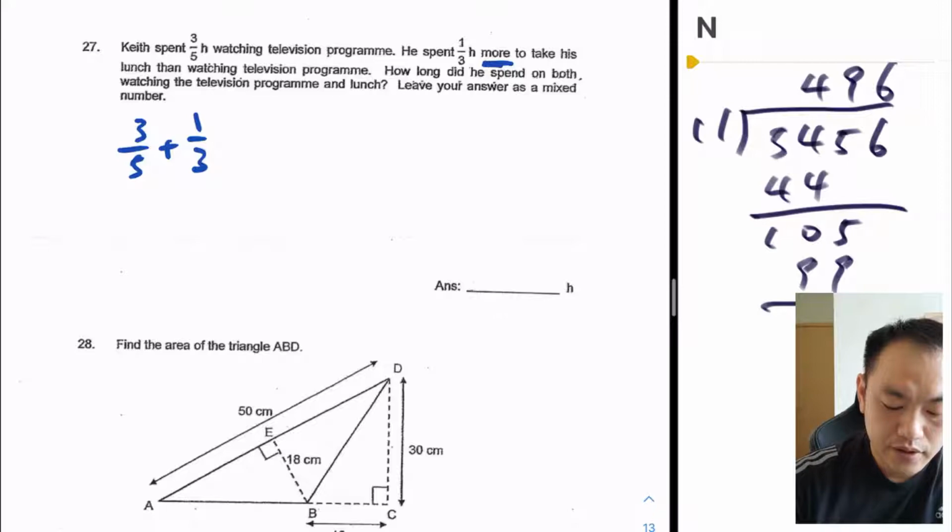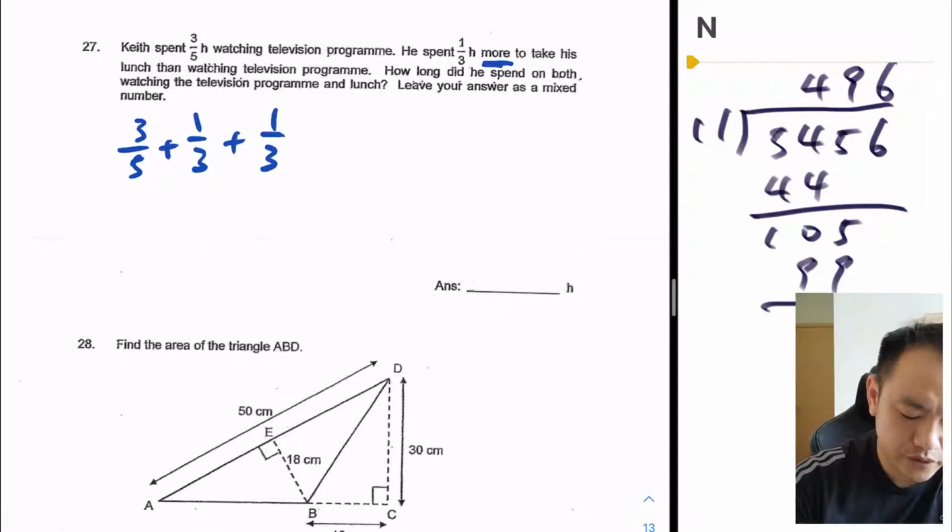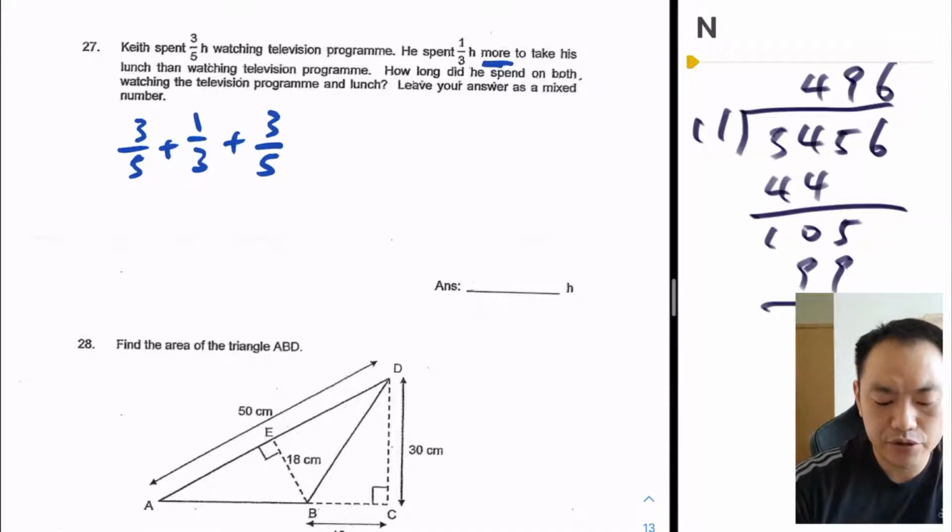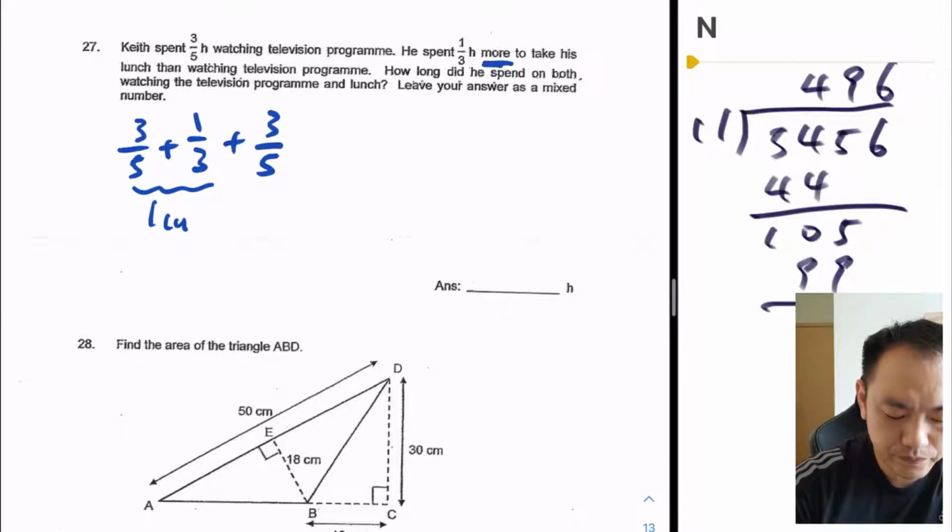Okay, and if this is how much time he spent to eat lunch, now we also want to know how much time he spent on both. So you want to add another 1/5 because that's the lunch and this is TV.